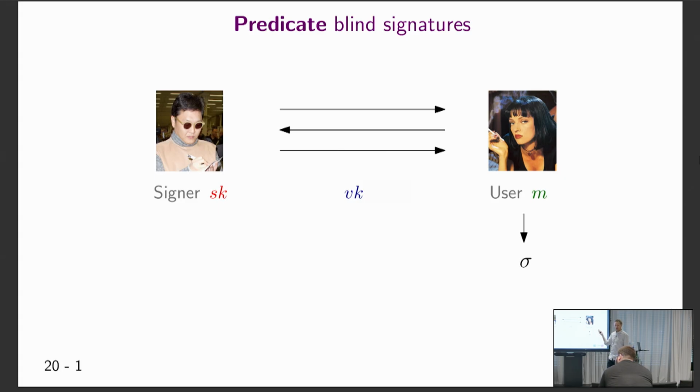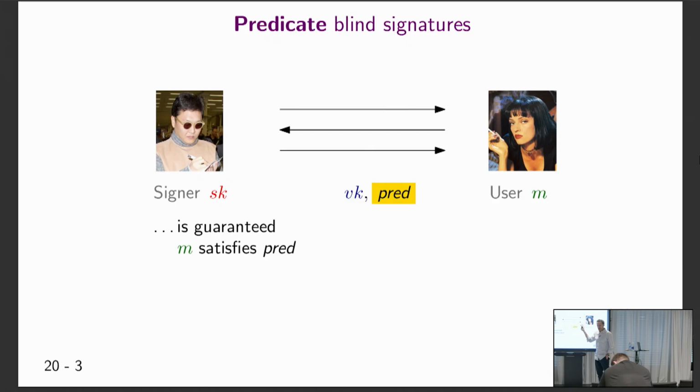this concept of blind signatures arguably more reasonable, because in classical blind signatures, the signer has no idea what he's signing. So what we proposed is that they agree on some predicate of the message, some property that the message should satisfy. Our predicate blind signatures now guarantee that the signer only signs messages that satisfy the predicate.